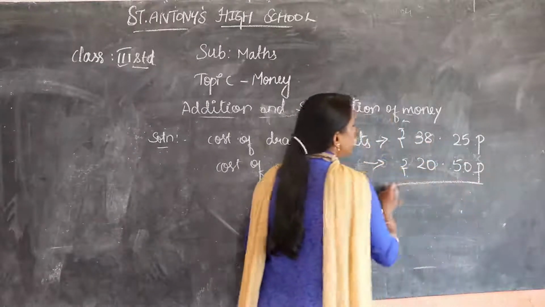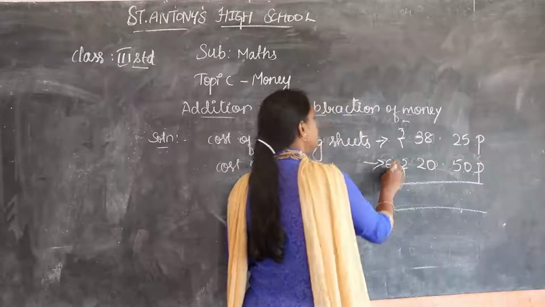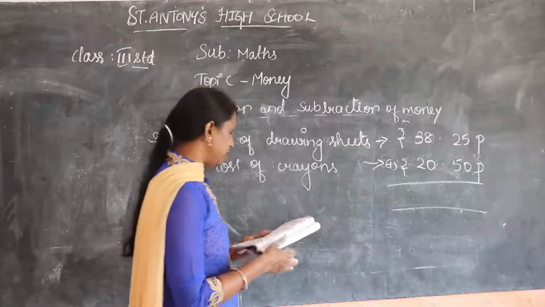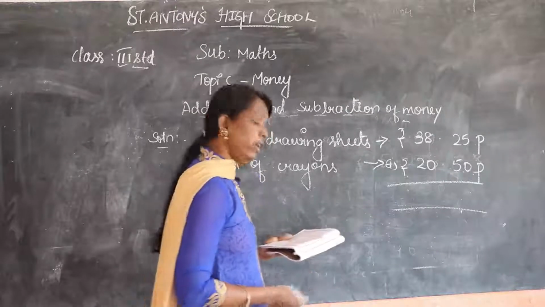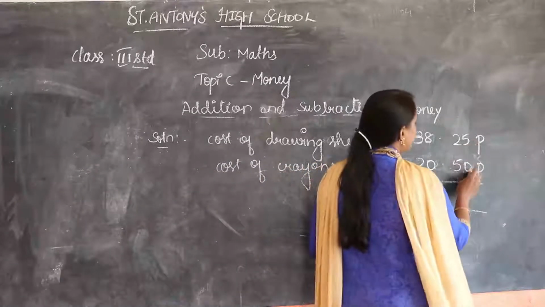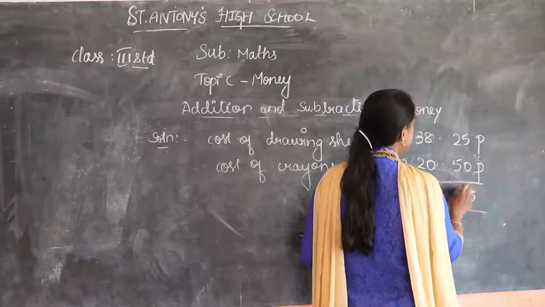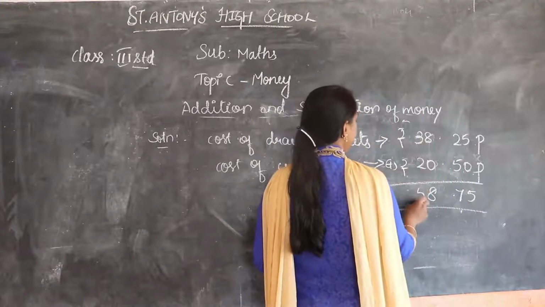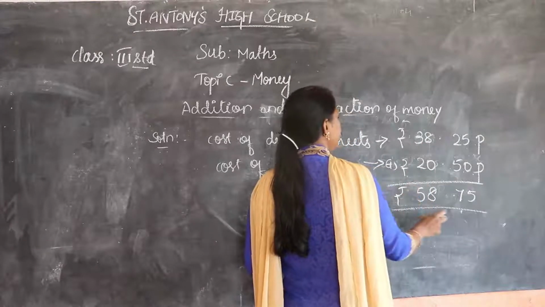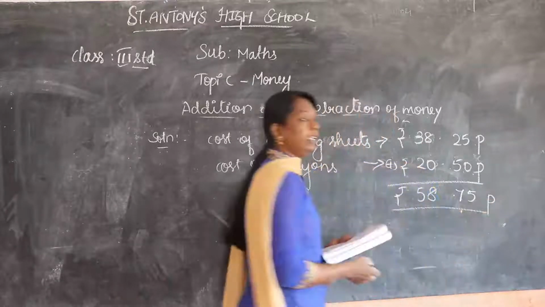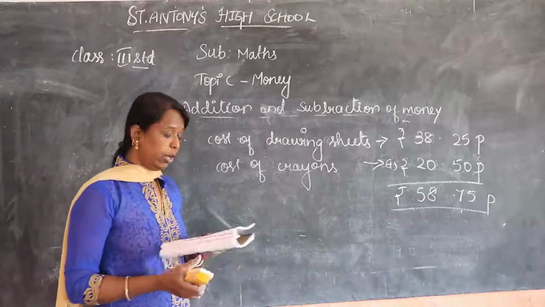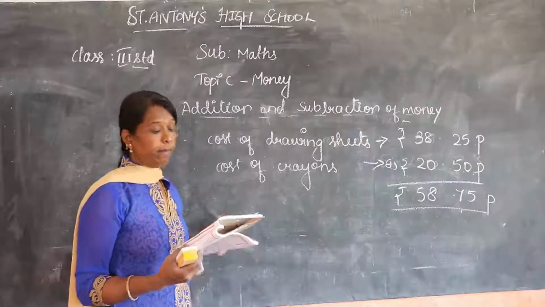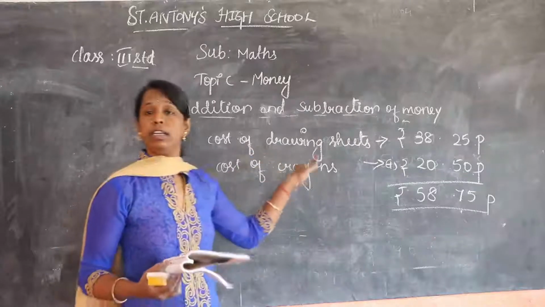So now we have to do the addition, and the result we will get is the total amount spent by Manju. Okay. 5 plus 0, 5. 2 plus 5, 7. 8 plus 0, 8. 3 plus 2, 5. The final answer is rupees 58.75. Rupees 58.75 is spent by Manju for the drawing sheets and the crayons.